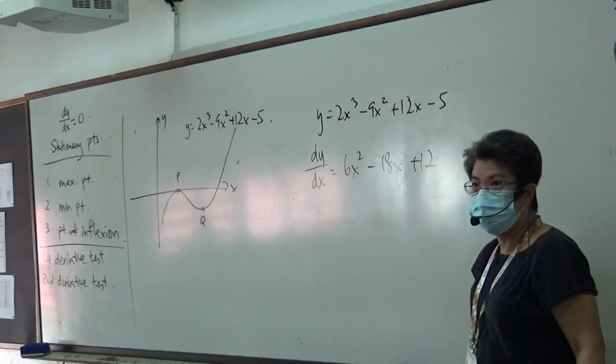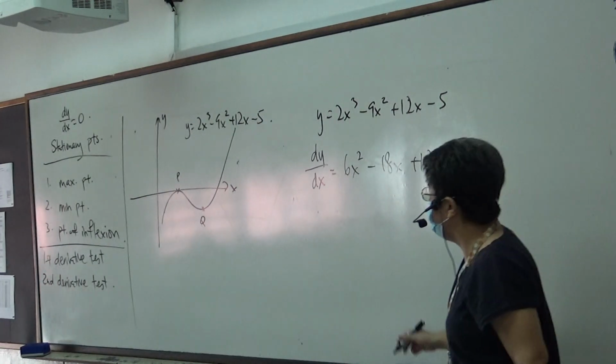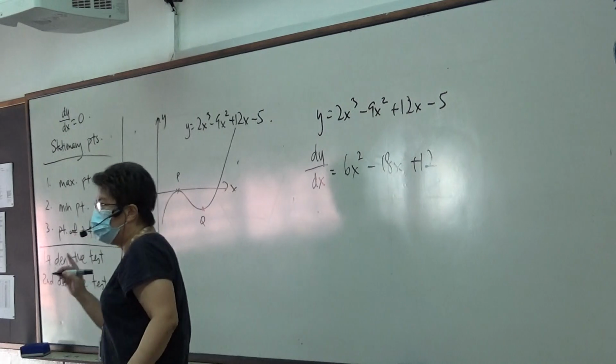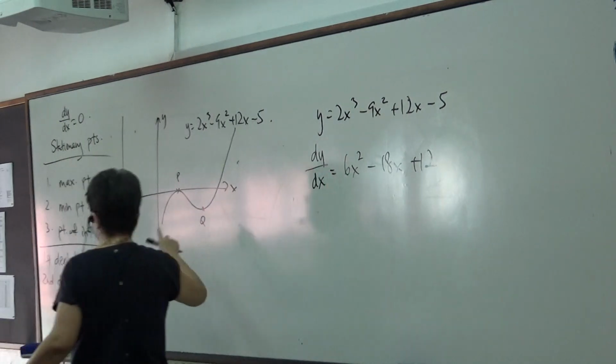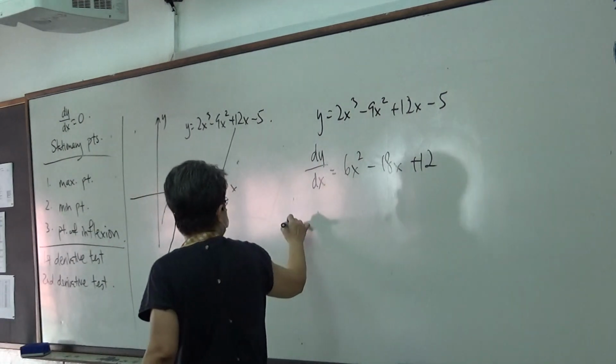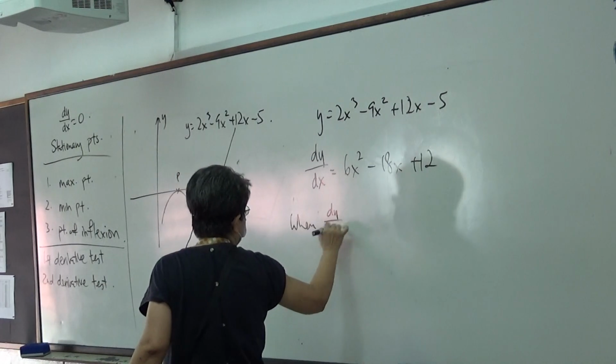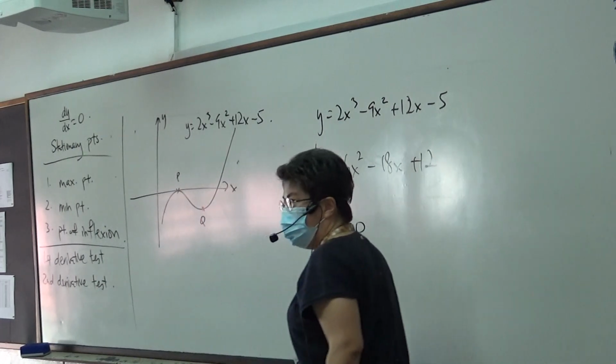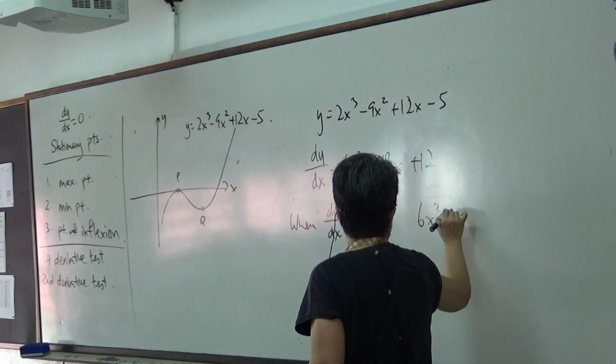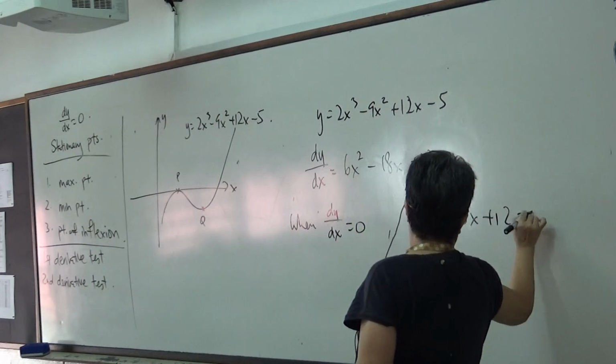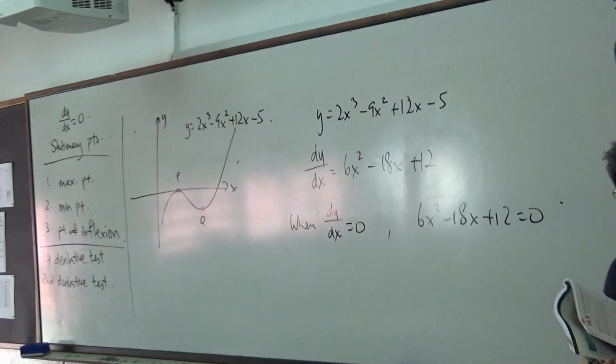This is the derivative, correct? Now, at stationary points, can you see this is a maximum, this is a minimum point? When dy/dx is 0, what will happen? This is 0, right? Everybody clear? At a stationary point, dy/dx is always 0.